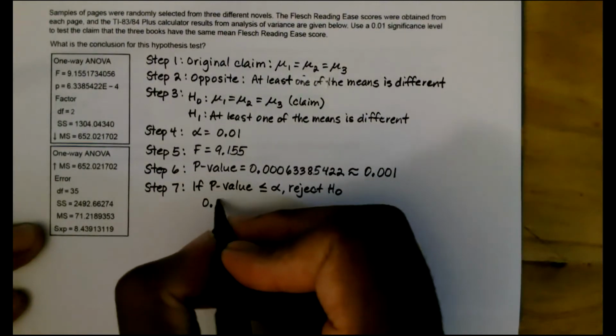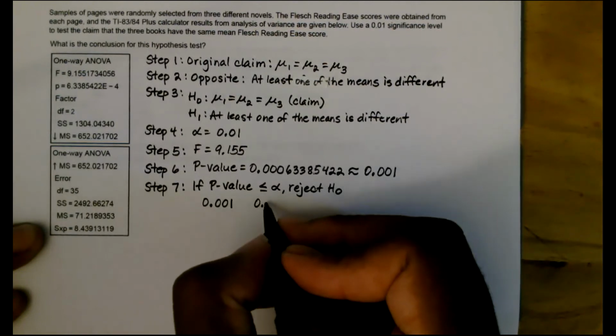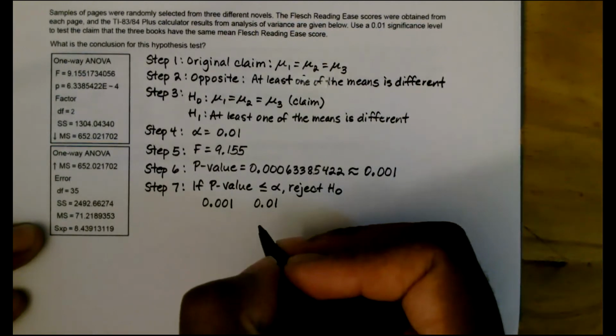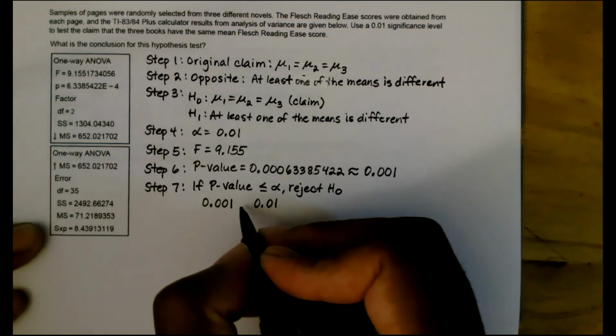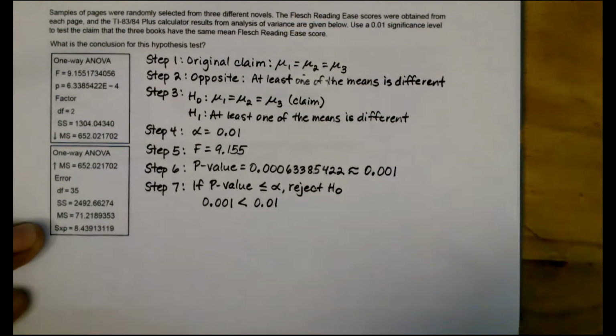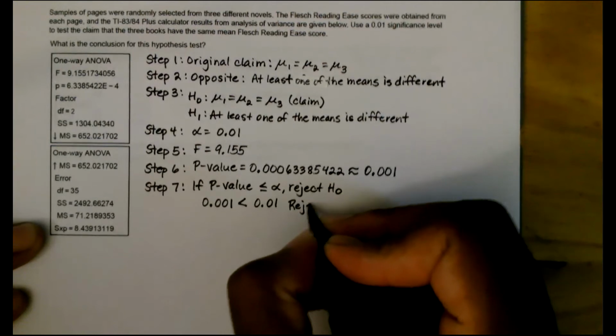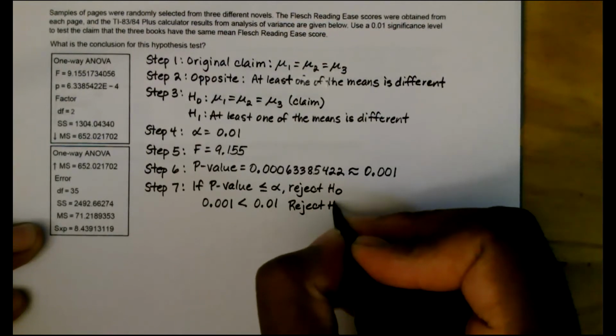This p-value, of course, is 0.001, and my level of significance is 0.01 from step number 4. In this case here, that 0.001 is, of course, less than 0.01. Satisfies the decision rule, and that means I need to reject the null hypothesis.